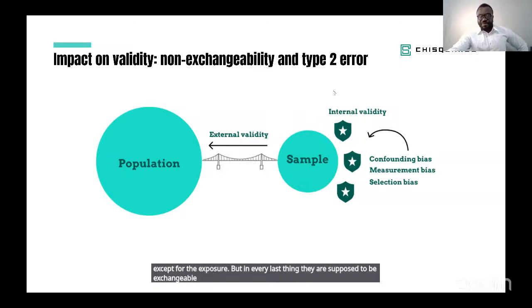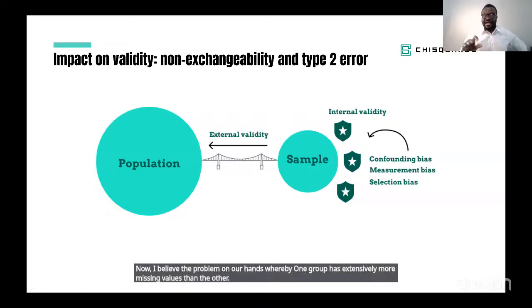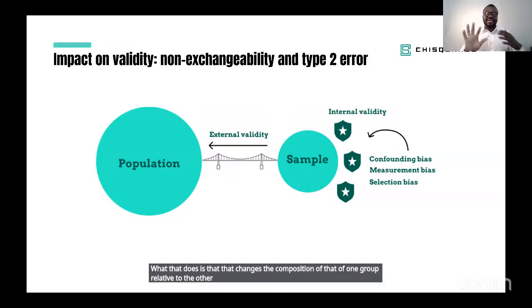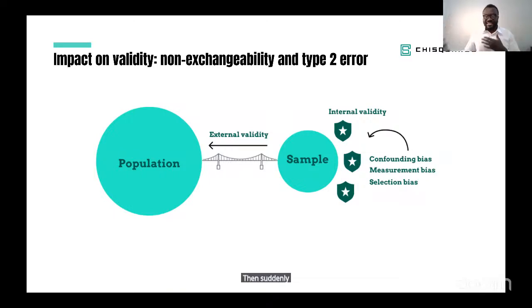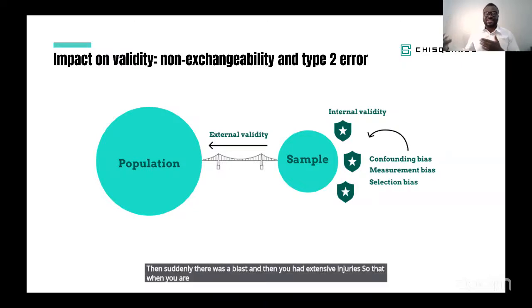Now, we have a little problem on our hands whereby one group has extensively more missing values than the other. And what that does is that it changes the composition of one group relative to the other, right? It's like, okay, initially you were looking at yourself in the mirror and you found yourself to be exchangeable. Then suddenly there was a blast and you had extensive injuries, so that when you are looking, a whole section of your body is gone.